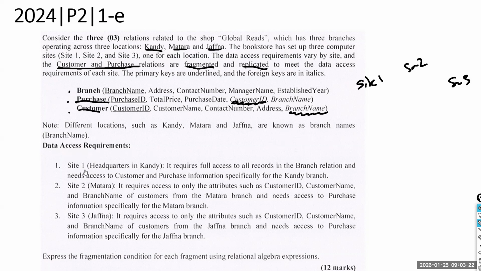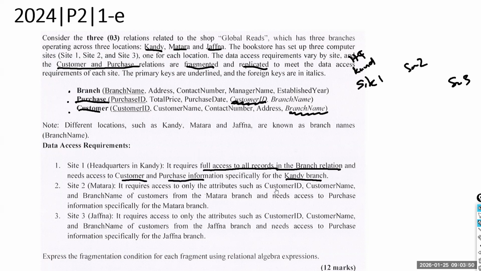Data access requirements. Site 1, headquarters in Kandy. So site 1 is Kandy, and that is headquarters. It requires full access to all records in the branch relation, and needs access to customer and purchase information specifically for the Kandy branch.